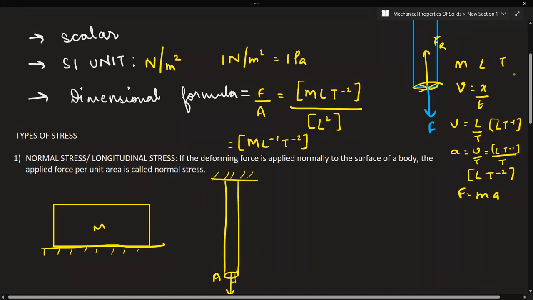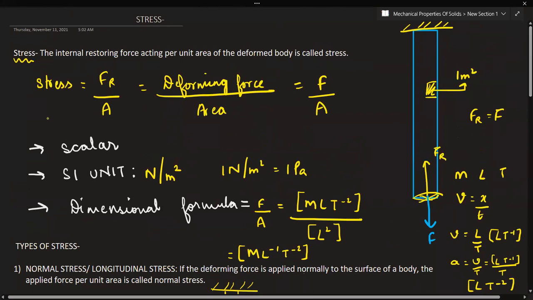You don't need any other quantity to describe length and time. So you can write L by T. That would give you velocity, L T to the power minus 1. If you divide it further by time, that would give you acceleration, L T to the power minus 2. If you multiply this by mass, that will give you M L T to the power minus 2, which is force. That's what we were requiring. Understood? Yes, ma'am. Fine. Just note this.